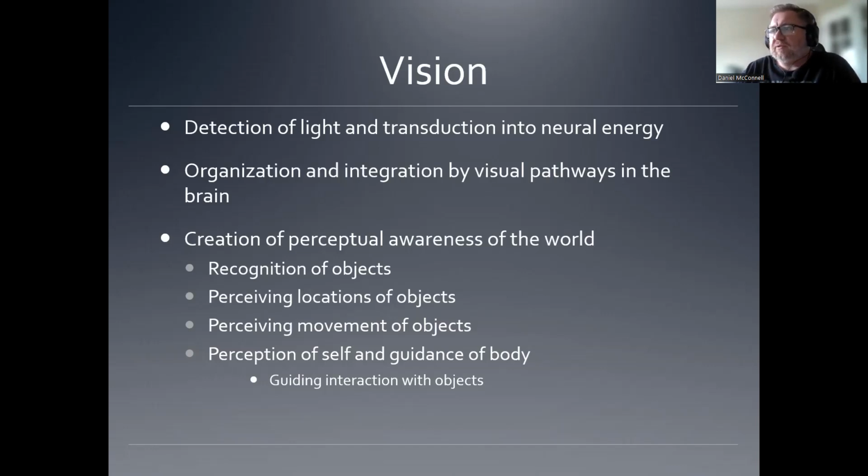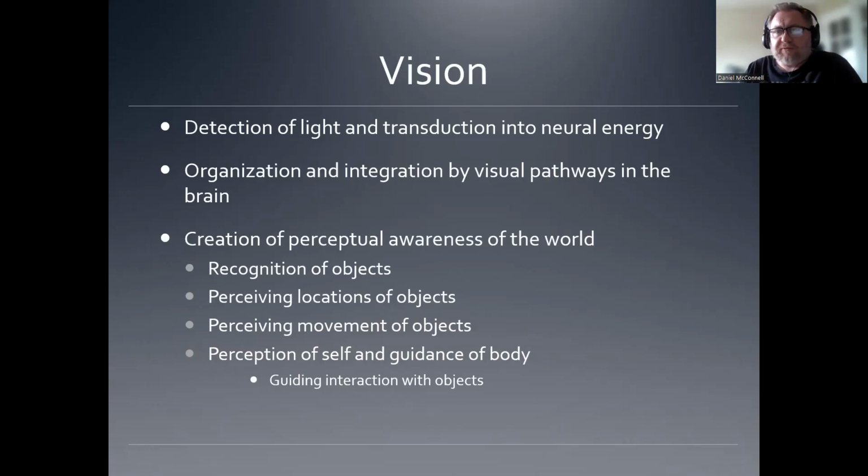So the receptors for vision are called photoreceptors. And we're going to talk some about those in a minute, but that just means light receptor, right? Photo means light. Light is a form of electromagnetic energy, and these receptors respond to light energy and convert it into a neural signal, which is then processed and transmitted to the brain.